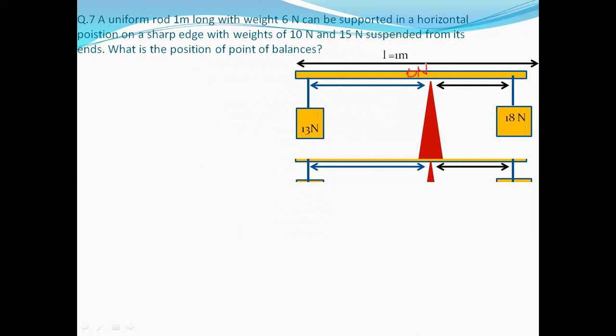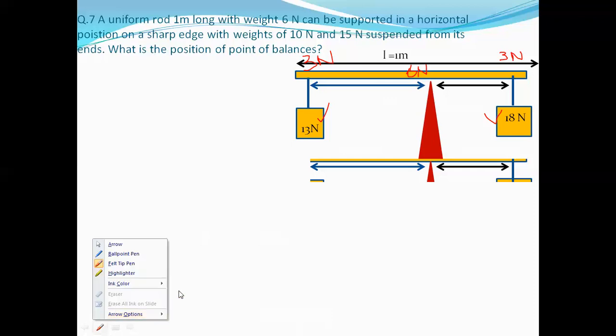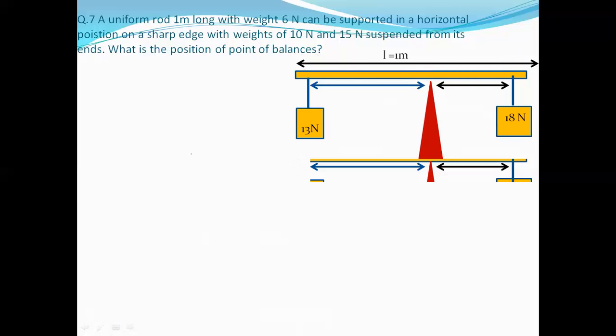Because it was uniform, 3 Newtons were included in this end and 3 Newtons in the other. So 10 plus 3 is equal to 13 and 15 plus 3 is equal to 18. We have equally divided the force on both sides so that we can calculate it much more accurately.